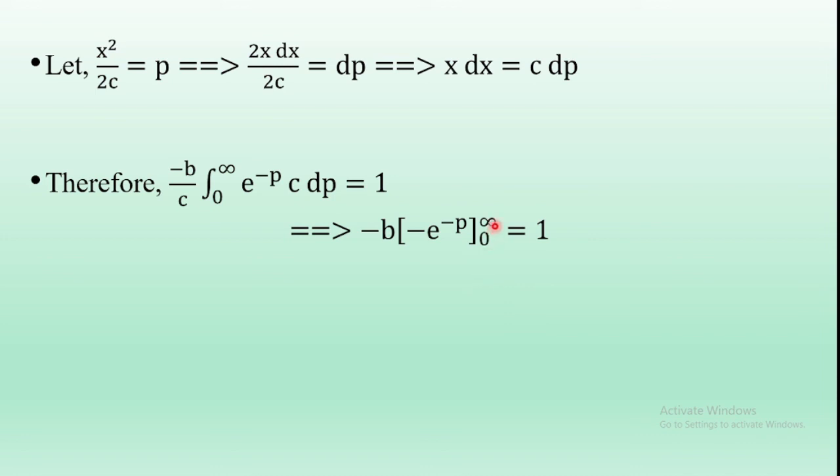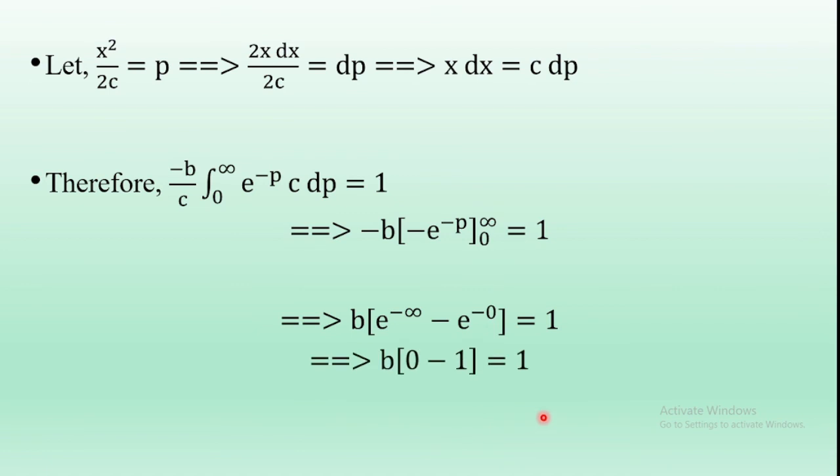When you apply the upper value of p and lower value of p, we get b into e power minus infinity minus e power minus 0 is equal to 1. E power minus infinity value is 0, e power minus 0 value is 1. So therefore b is equal to minus 1, and the a value is equal to 0.